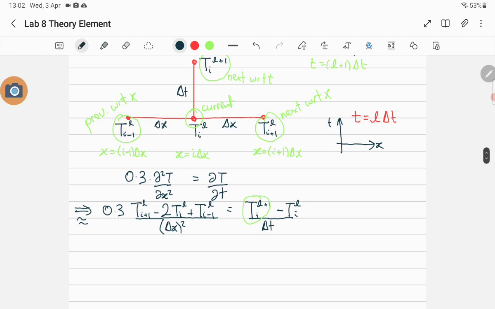So what I would do is I'd multiply both sides by delta t. And I'm going to also write, if left is equal to right, right is equal to left.